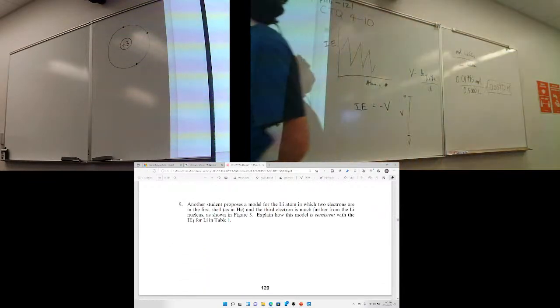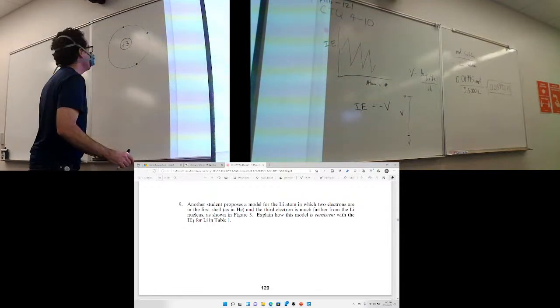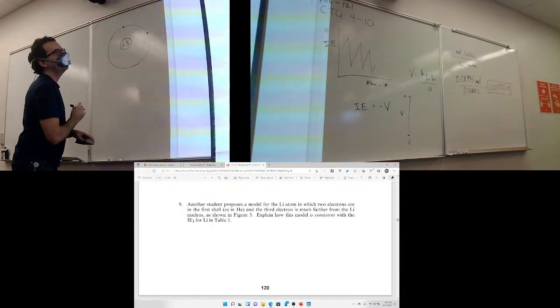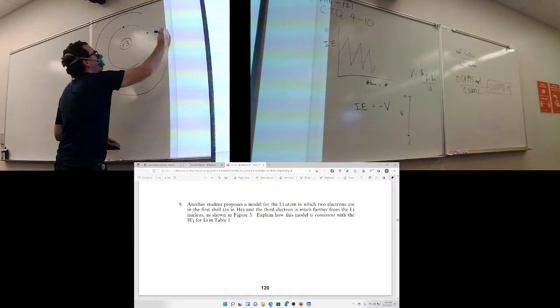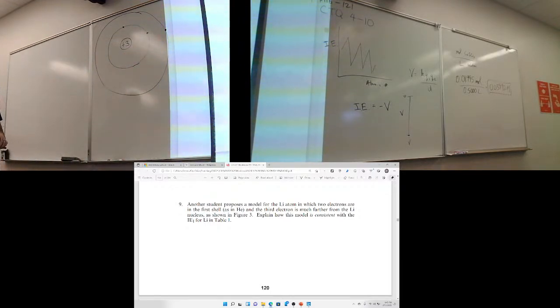Another student proposes that lithium has 2 electrons in the first shell, and then there's a second shell that is further away, and the third electron is in that second shell. Why would this work?